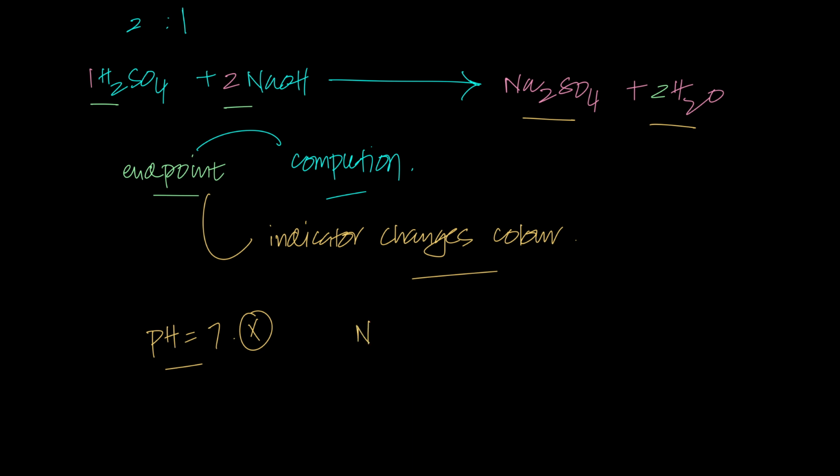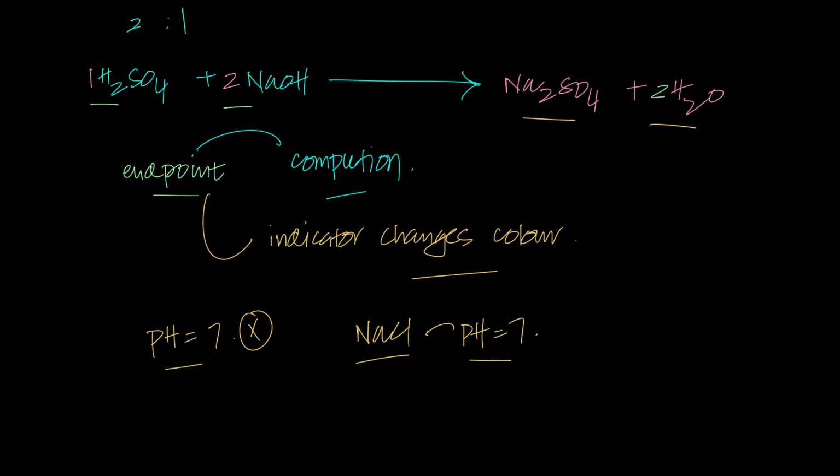The only salt that is pH 7 that you know of as of now is NaCl. That is a pH 7 salt, right? Other than that, it's not necessary that you are going to end up with a pH 7 salt. If you studied this in O-level and IGCSE, that salts are all pH 7, you've studied incorrect information. Not all salts are pH 7.